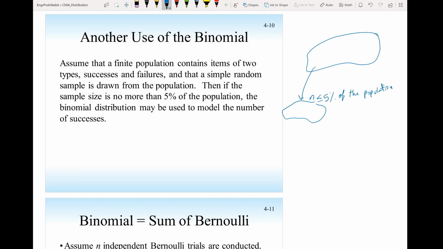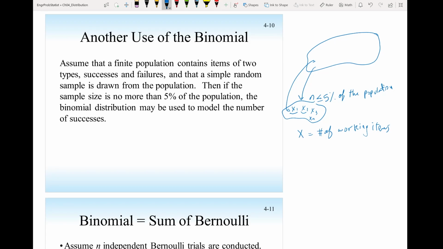Because then every time I select an item from here to here, I am guaranteed that each trial is a Bernoulli, either working item or not working item, and independent. That means just because this came a working item, that doesn't mean the second one will be not working or working. Now, if my random variable x is equal to the number of working items, now x is a binomial distribution.